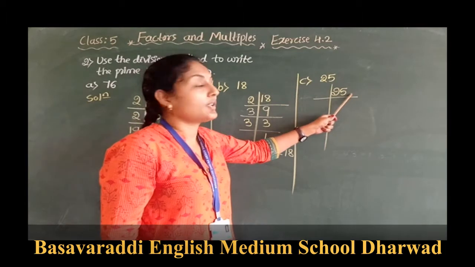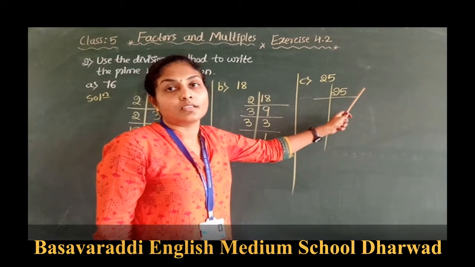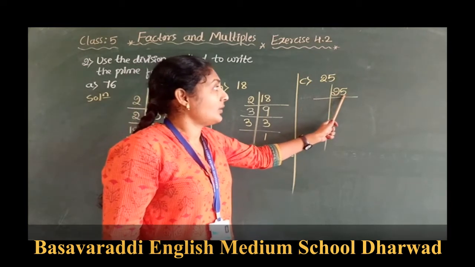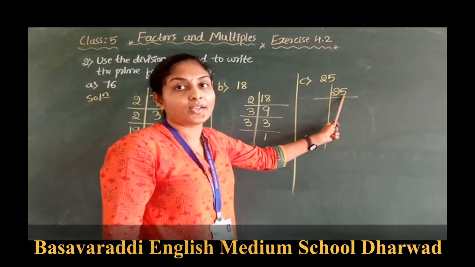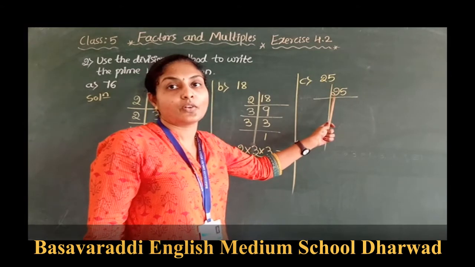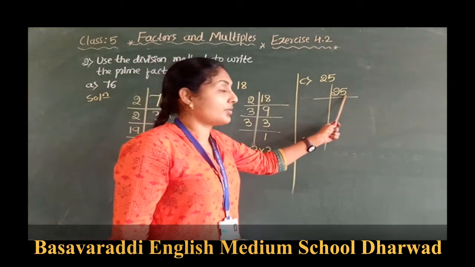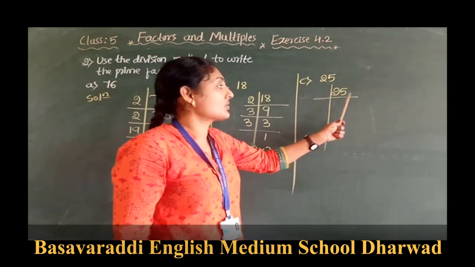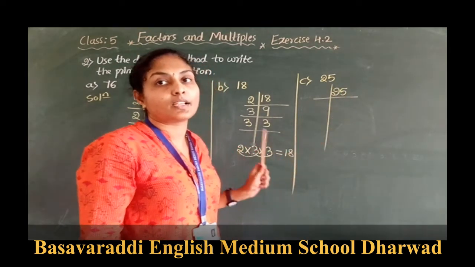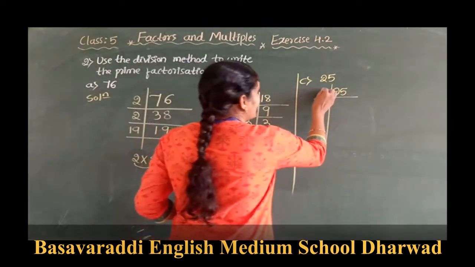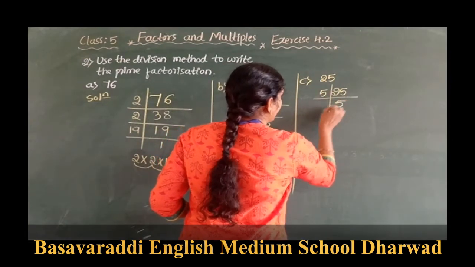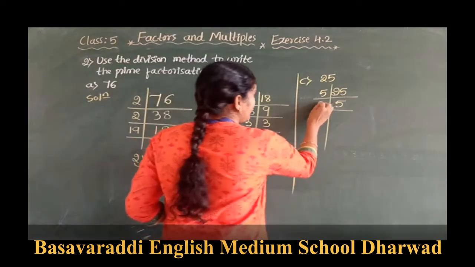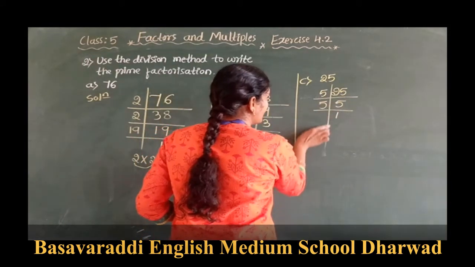Next, apply the divisibility rule for 5: if the ones place has 0 or 5, the whole number is divisible by 5. In the given question, the 5 is in the ones place, so 25 is divisible by 5. So 5 fives are 25. Next, 5 is a prime number. 5 ones are 5.